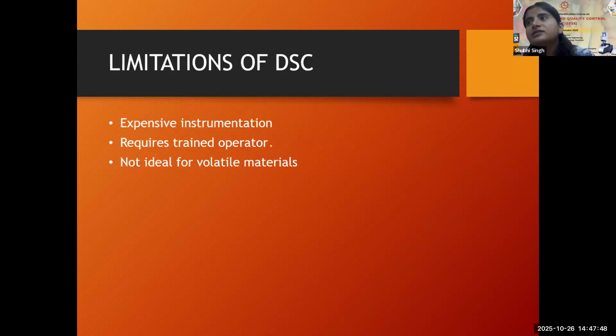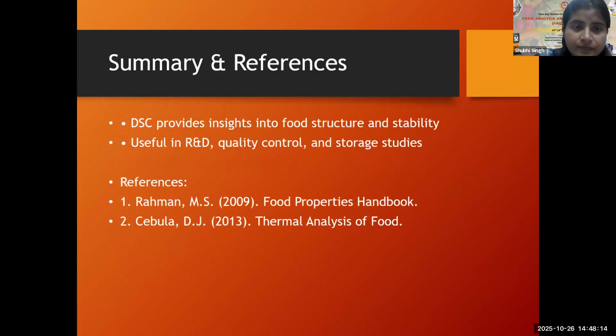Because if you increase the temperature, certain volatile components can be exposed and diffuse out into the air. So volatile materials you can't use for DSC. This is a limitation. These are the summary and references.